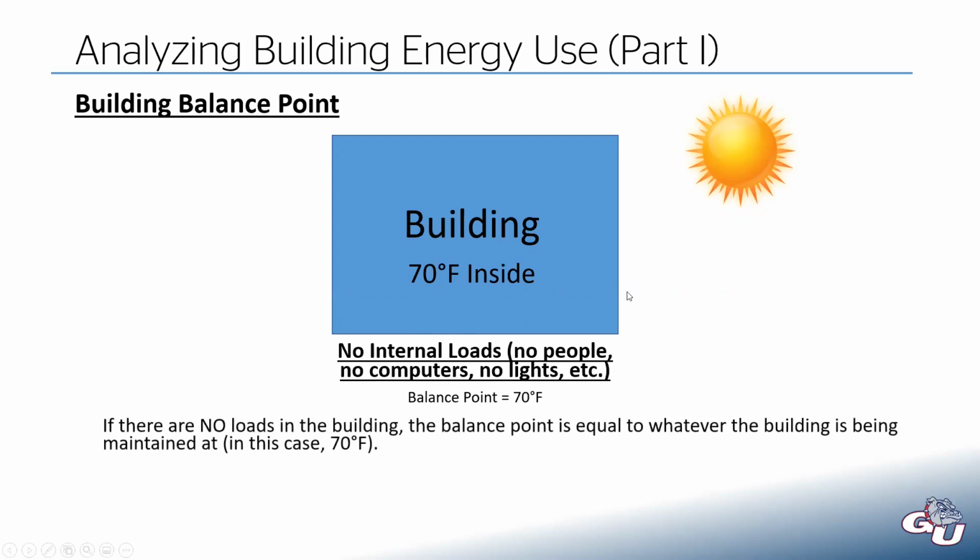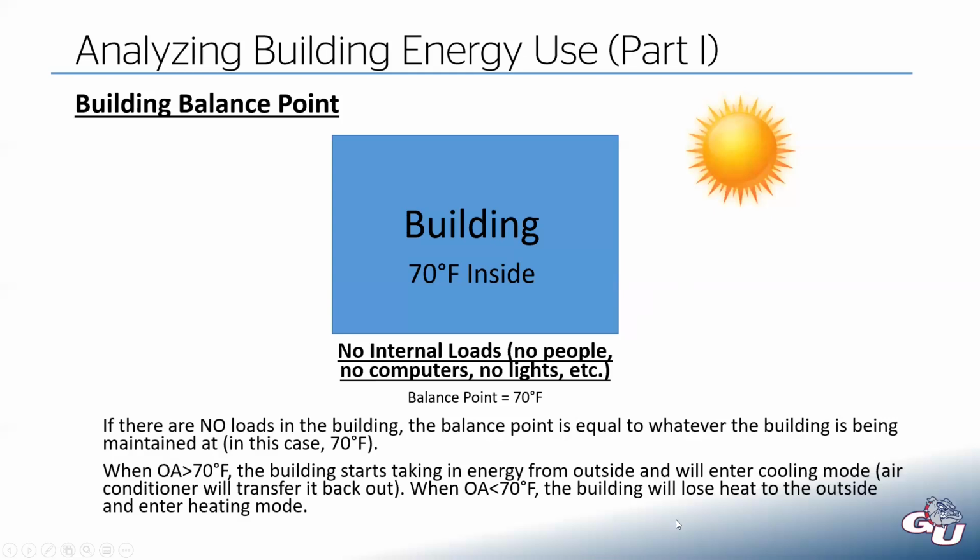Recall, this is all driven by a delta in temperature. If it's warmer than 70 degrees outside, you're going to have heat transfer into the building. If it's cooler than 70, you're going to have heat transfer leaving the building. Really, this is entirely driven by that delta T, and virtually everything we do with energy is driven by that delta T.